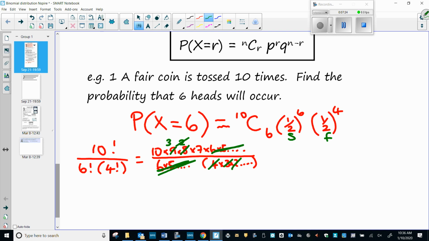Or you can cross out anything that's even. You could make that a 5 as well. Okay, so I'm left with now 10 multiplied by 3 multiplied by 7 over 1, because I've crossed everything out on the bottom. So that's obviously 210.